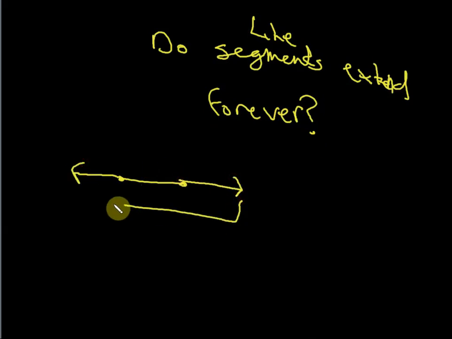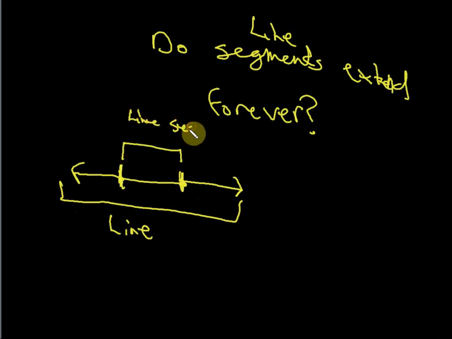So this right here is a line. I had to break it up somehow. And this right here is a line segment. So which one goes on forever? Well, it's the line, right? The segment is just a piece, right? You're segmenting off, you're piecing it off. So do line segments extend forever? No, they do not.